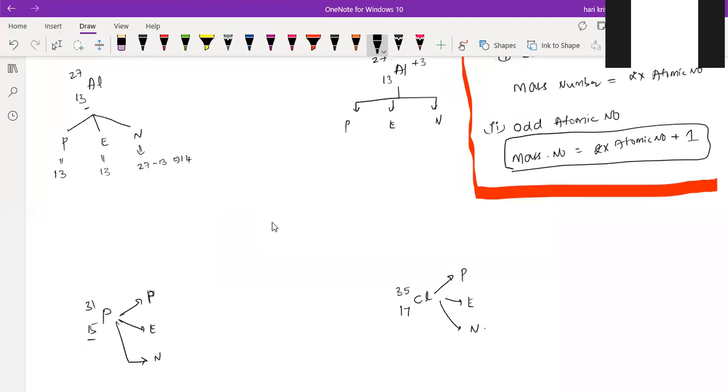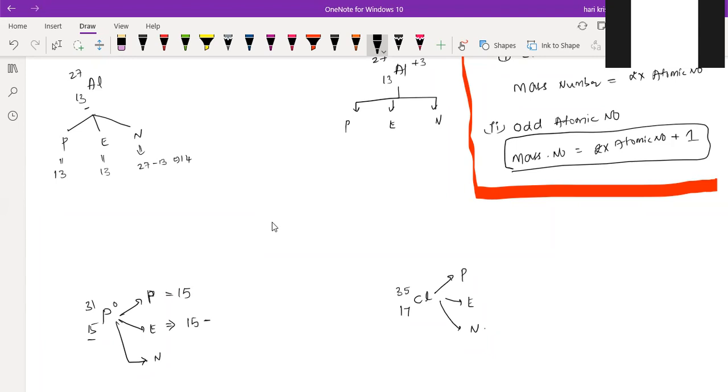The number of protons is equal to atomic number. Atomic number means whichever is written in the below part, that is the subscript part. So number of protons is equal to atomic number, that means 15. And number of electrons is equal to atomic number minus charge on the element. Here the charge is 0, there is no charge.